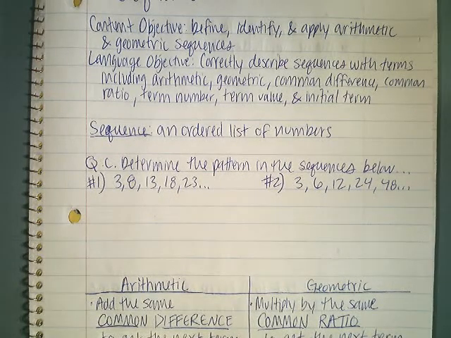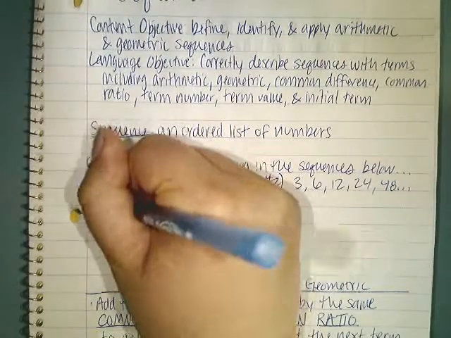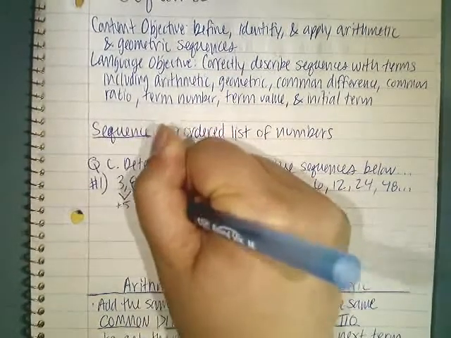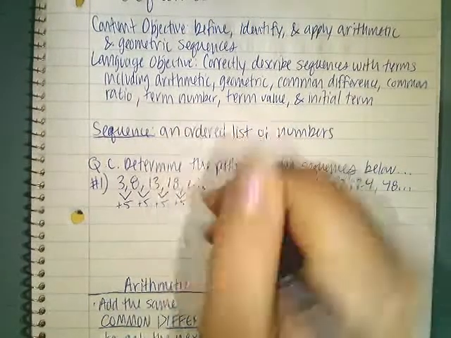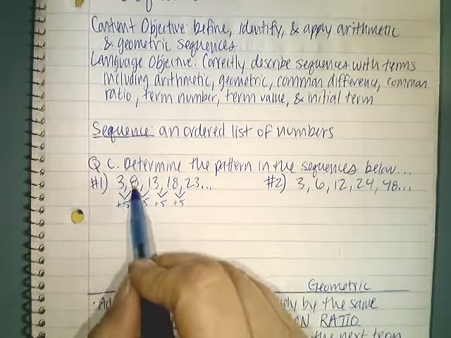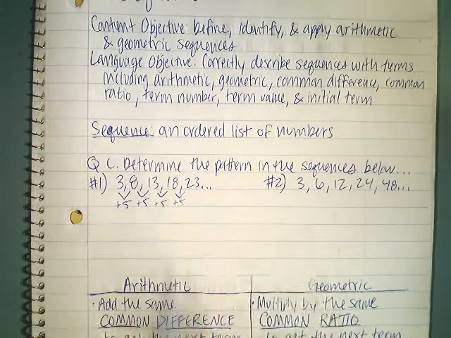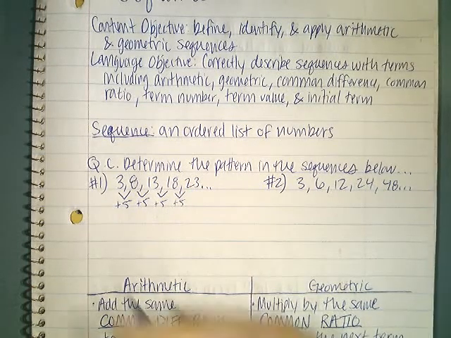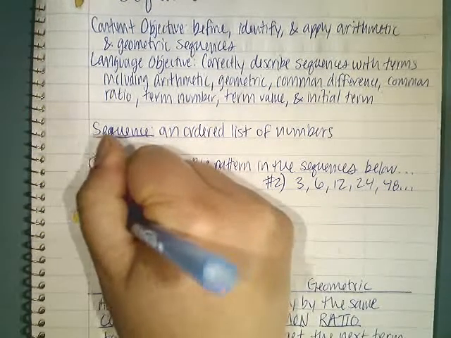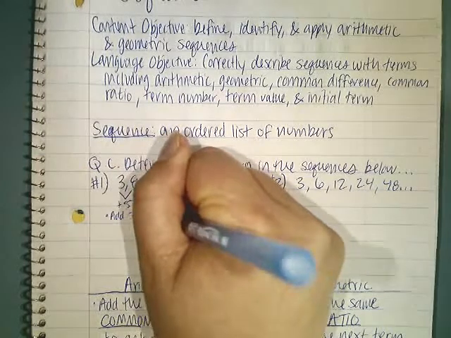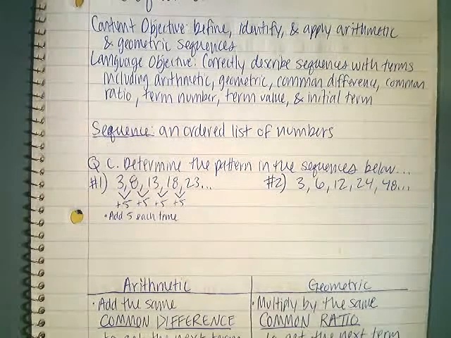So hopefully you notice in the first one that the pattern each time is that you're adding 5. Each time you add 5, and that brings you to the next term. So 3 plus 5 is 8, 8 plus 5 is 13, 13 plus 5 is 18, 18 plus 5 is 23. So our pattern was that we add 5 each time to get the next number.